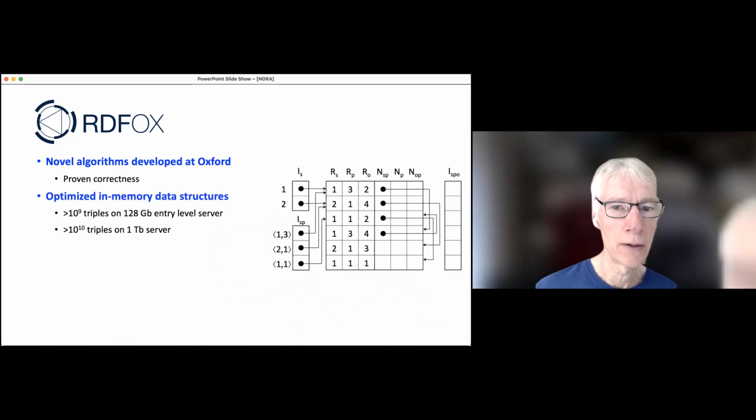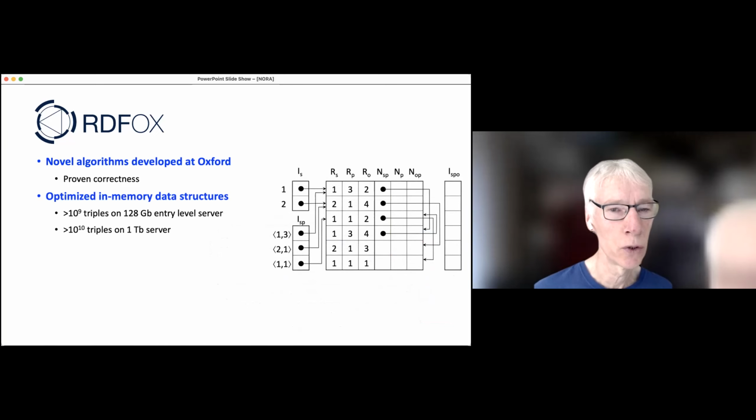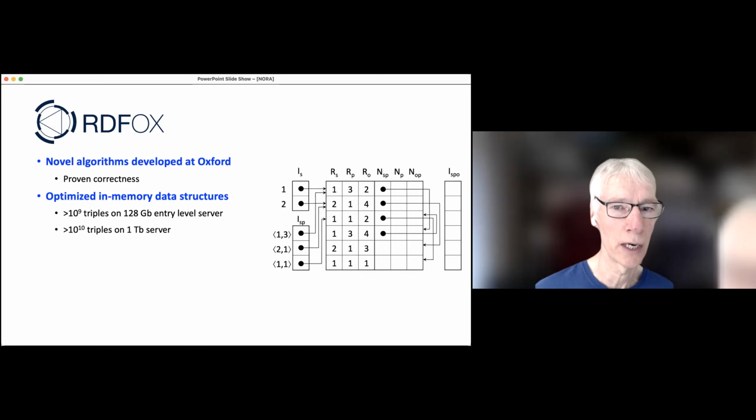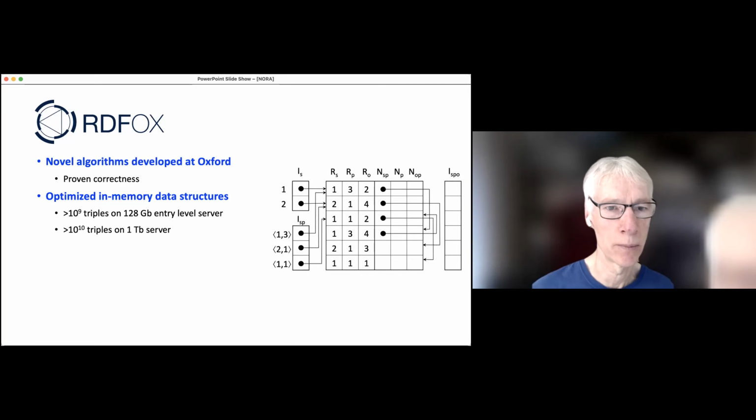I mentioned already that we used an in-memory approach for RDF-Ox. If you think about it, when you're answering these queries over the materialized knowledge graph, you already have all of the data, and the query answering process is very much the same as in databases, where you have to do a lot of joins to identify the different atoms in the query that match up according to some of the variables in the query.